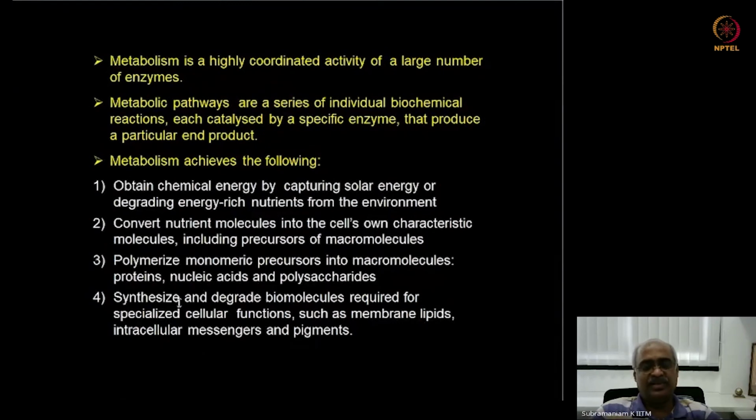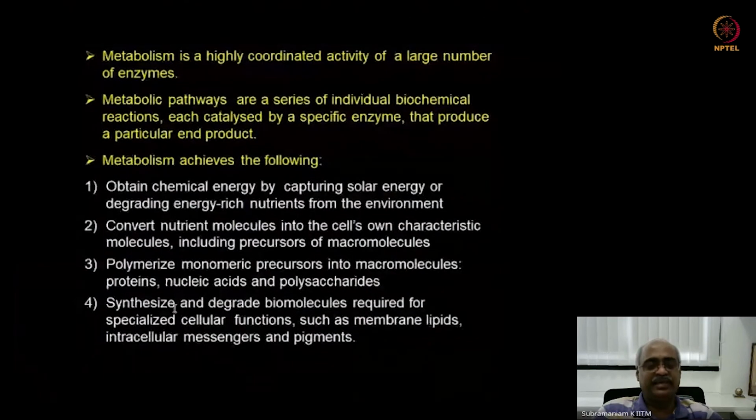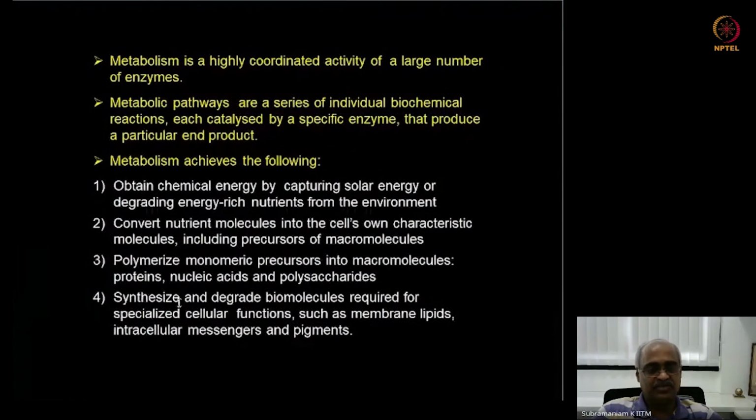Only the rods and cones in our retina require vitamin A. So there are cell specific molecules required, the building blocks of the individual cells themselves. So they are also made by rearranging the atoms of the nutrient molecules. So that is another goal of metabolism.